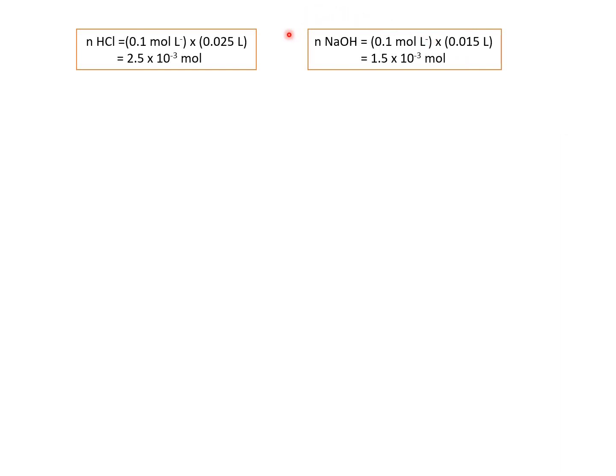Sodium hydroxide dekat sini adalah yang kita dah tambah ke dalam kita punya conical flask. Okay, from the burette, we added 0.1 molar sodium hydroxide sebanyak 15 ml. So this is the amount of sodium hydroxide that we add. This is the amount of HCl that is inside the conical flask at first.